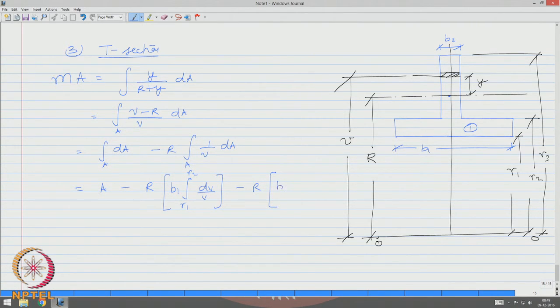The second piece B2, integral again dV by V, but the limits vary from R2 to R3. So, I can say now as A minus R B1 natural logarithm of R2 by R1 minus R B2 natural logarithm of R3 by R2.